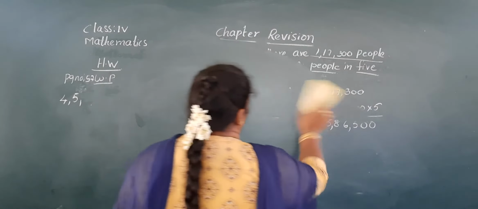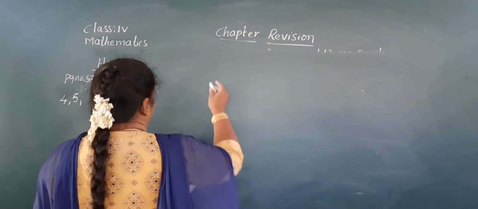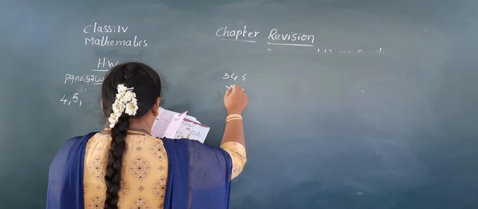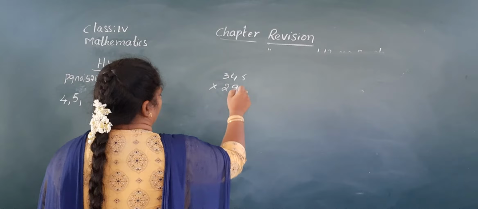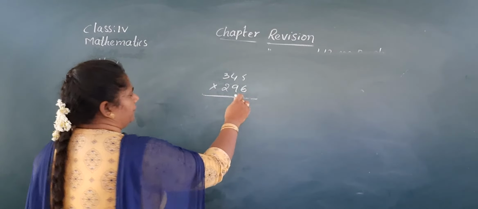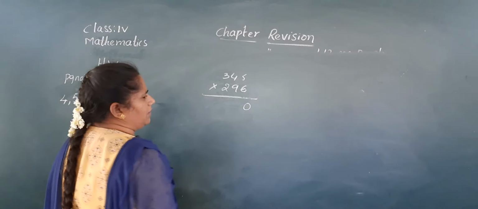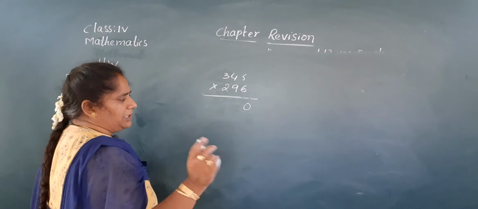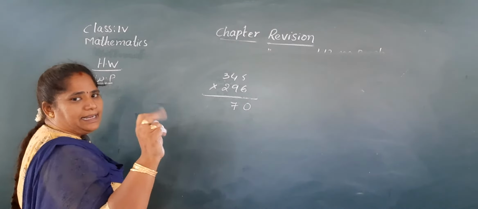See, seventh problem, 345 into 296. How do you multiply? First multiply by 6. 6 5s are 30, 3 in hand, 0 is down. 6 4s are 24, 25, 26, 27. 2 in hand, 7 is down. 6 3s are 18, 19, 20.